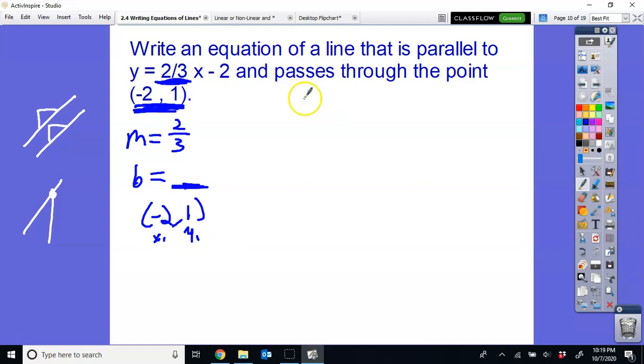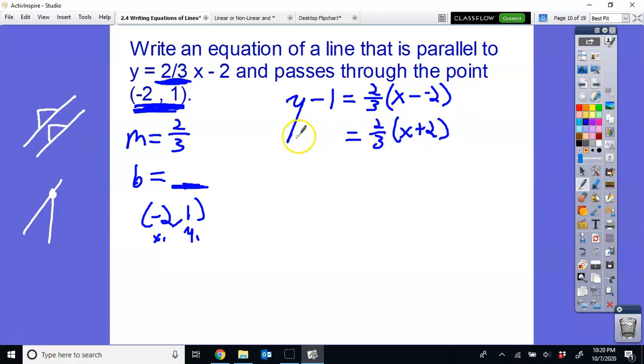So I'm going to use the point-slope form, y minus, and I'm going to plug in the y value. m, which is my slope, times x minus the x value of -2. That makes this 2/3 times x plus 2.